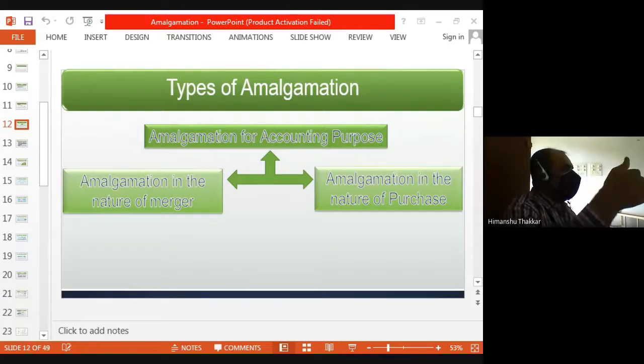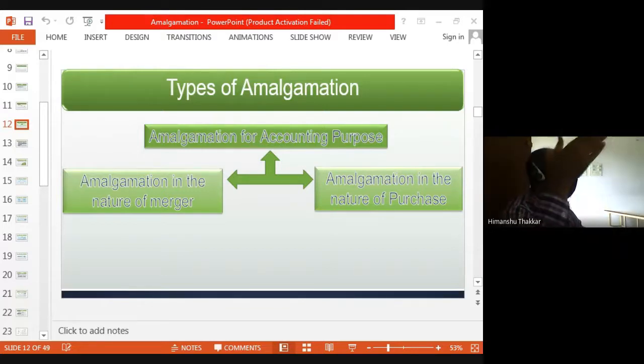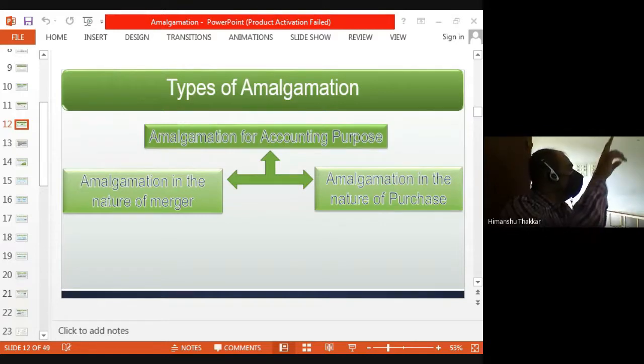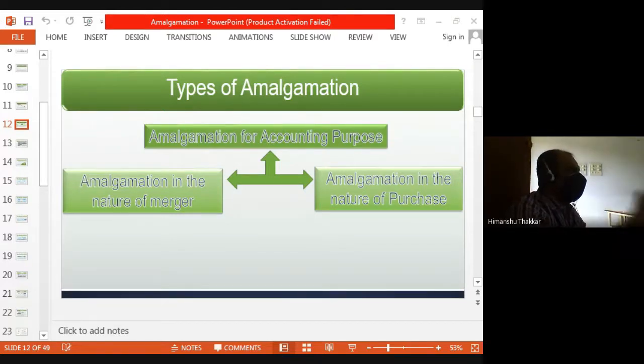So if in the example they give you a question wherein they give you balance sheet of A Limited and B Limited, they have given you the balance sheet individual. Both the companies are still in existence. A Limited takes over B Limited. They will tell you in the end, prepare balance sheet assuming amalgamation, or you can say absorption, is in the nature of merger, and second point, amalgamation is in nature of purchase.